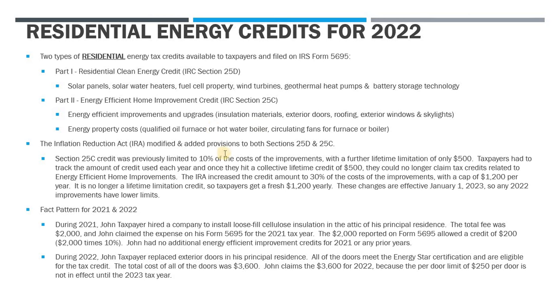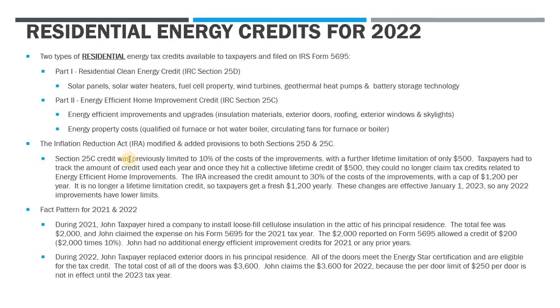Now, the reason why 2022 is significant is because a lot of these credits were set to expire. The Section 25C credit was going to expire at the end of 2021, but the IRA extended it not only through the end of 2022, but going forward basically another decade too.